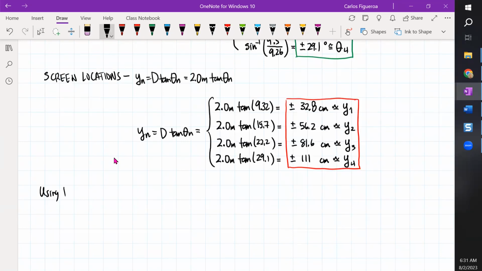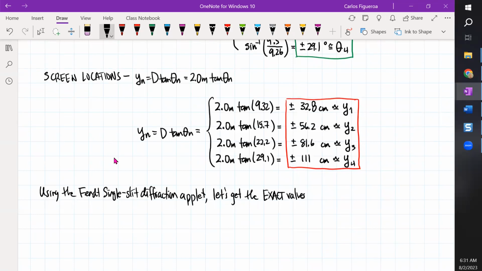Using the Phys single slit diffraction applet, let's get the exact values of the angular locations of the maxima.